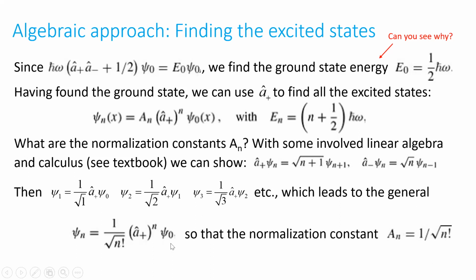So that's a normalized wave function. Comparing this equation up here to this equation here, we have a n is 1 over the square root of n factorial. So the normalization constant would be a n equals 1 over the square root of n factorial.